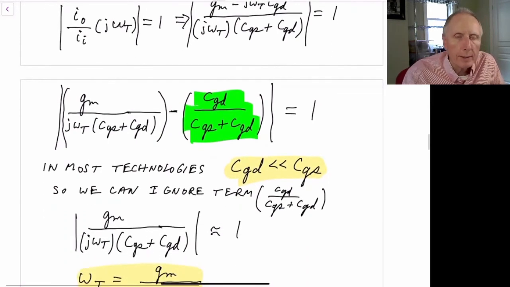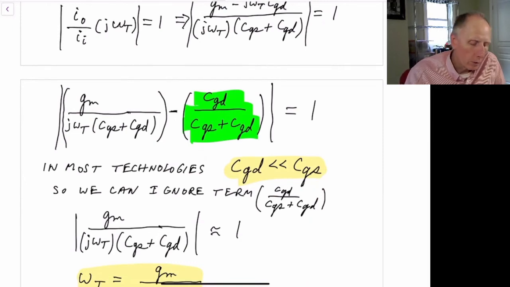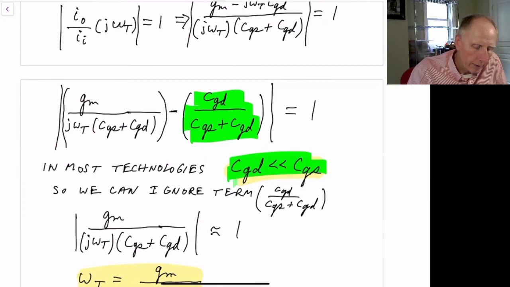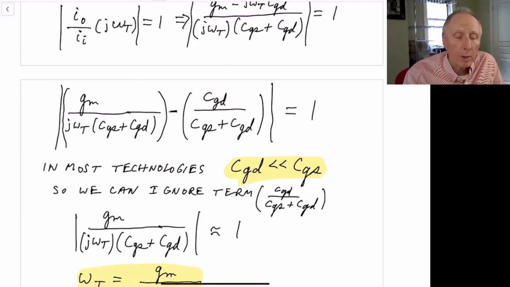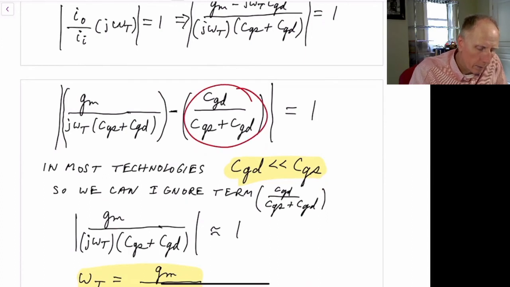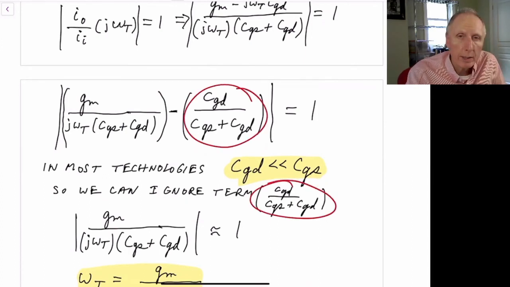If you recall, we said the gate to drain capacitance was the overlap part of the transistor. So generally, CGD is much, much less than CGS, by perhaps a factor of 5 or a factor of 10. So it's quite a bit smaller, could be even much smaller than that. So we can typically ignore the term CGD divided by CGS plus CGD.